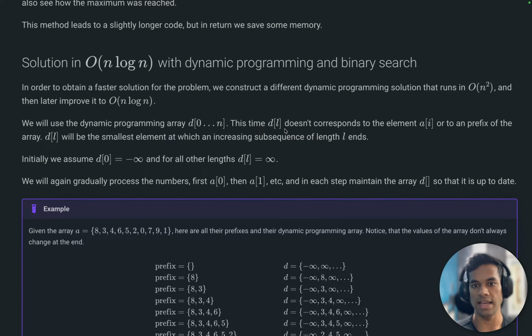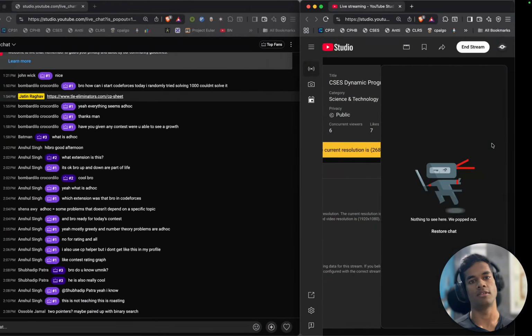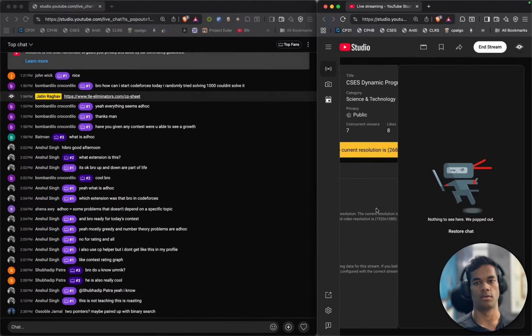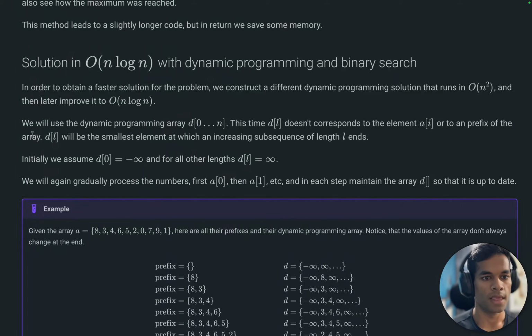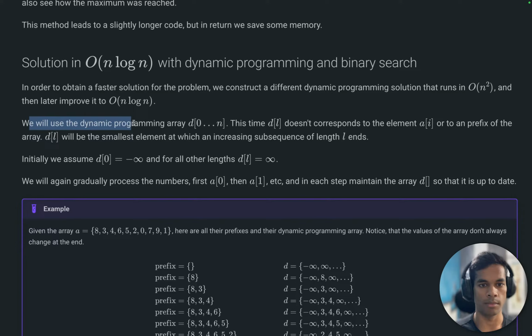This time dl doesn't correspond to element ai, or to a prefix of the array. dl will be the smallest element at which an increasing subsequence of length l ends. Huh, that is something, right? So they have changed the definition.